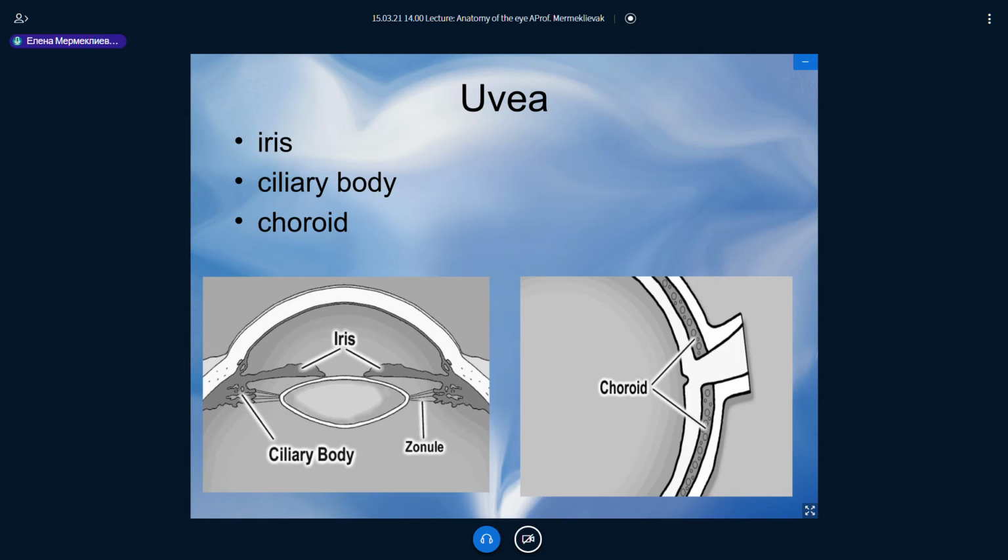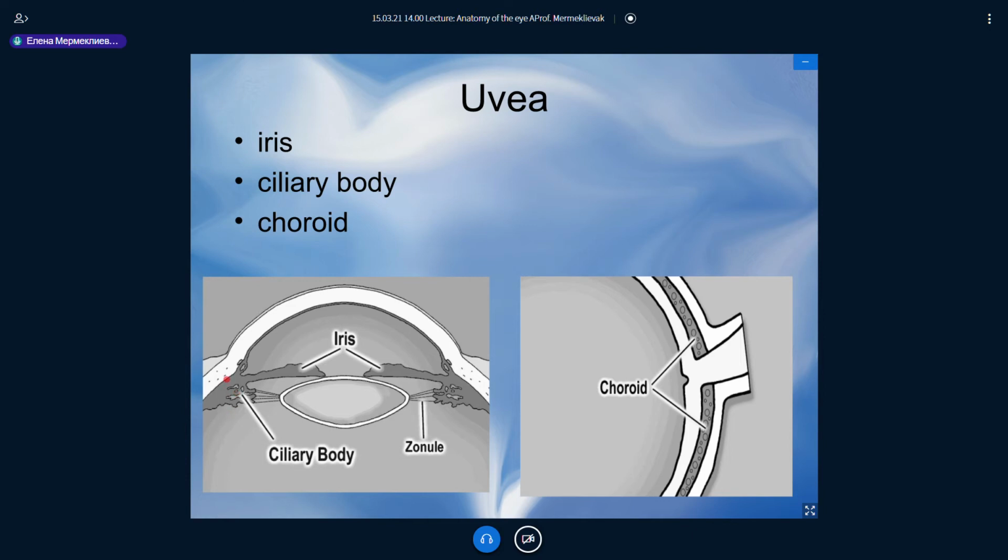The uvea is the second membrane of the eyeball. It consists of the iris, the ciliary body, and the choroid. The iris is very important because it is responsible for how much light will go into the eye, through the constriction of the pupil.